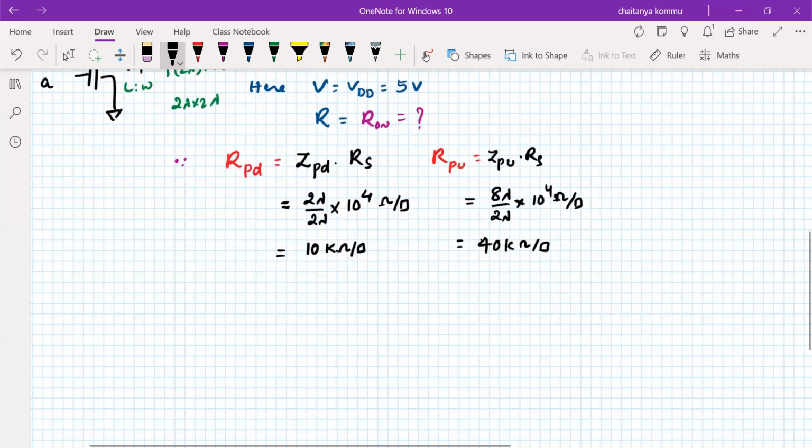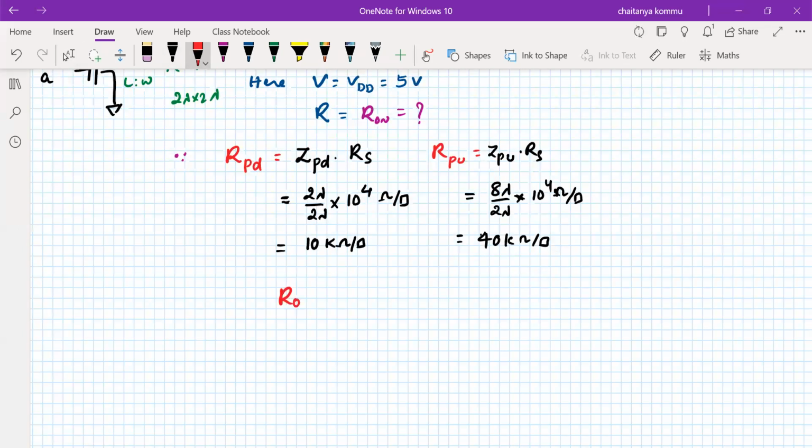So what is R on now? R on is adding up, because both are connected in series: pull down network plus pull up network, so it becomes 50 kilo ohm per square. This is called R on. So what is the power consumption of this one?